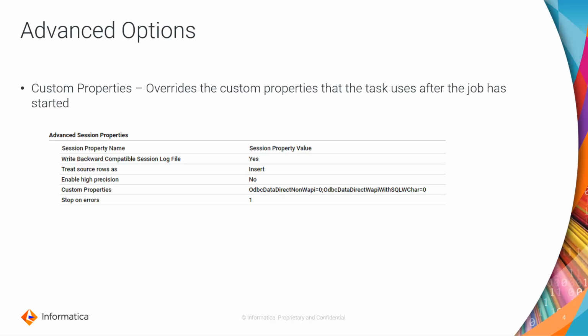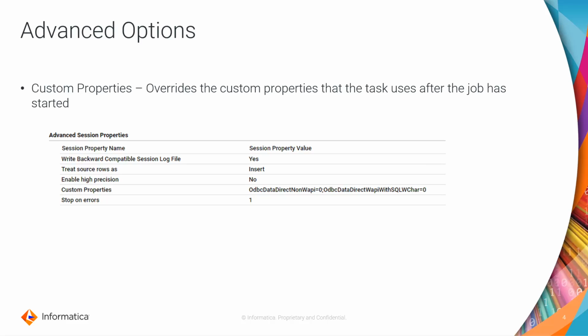So what do I mean by that? There are certain properties that you can set at the DIS level. Whenever you set something at the agent level, it affects all the jobs that run on that agent. So for example, the WAPI settings, this property can be set at the DIS level.